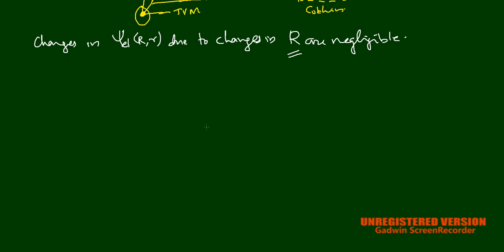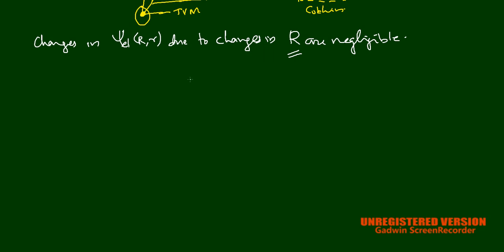And while the electron is moving, you can consider the nucleus as fixed. Therefore, the negligible change in R is not going to bring any effect in the electronic wave function. Therefore, changes in psi electronic(r, R) due to change in R are negligible. That is the mathematical implication of the Born-Oppenheimer approximation.